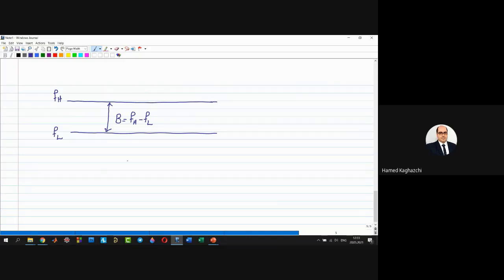Okay? If the difference between the low frequency and high frequency increases, it means that my bandwidth is also increased. So what happened?